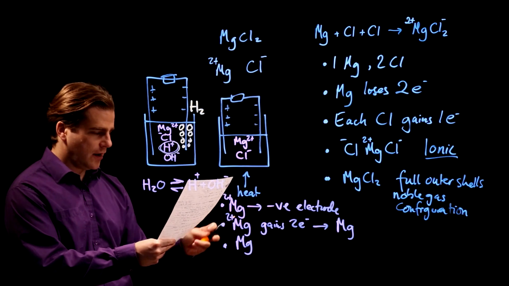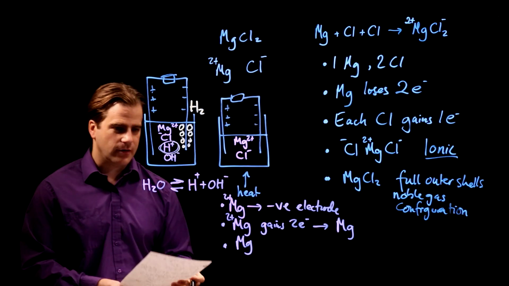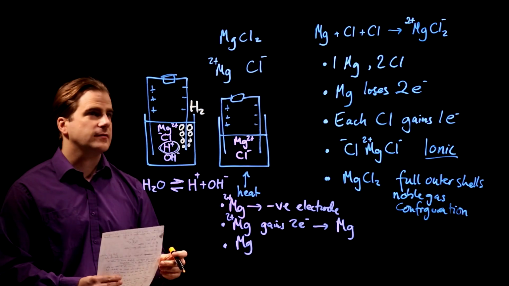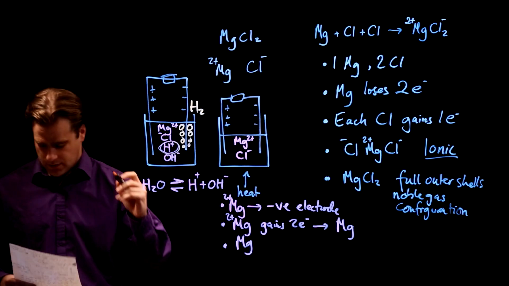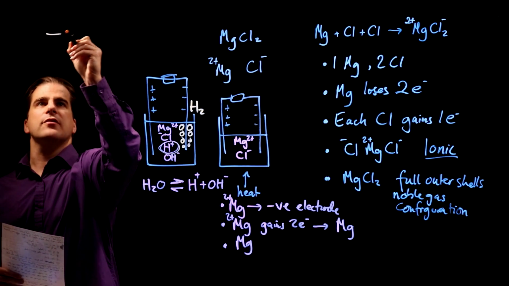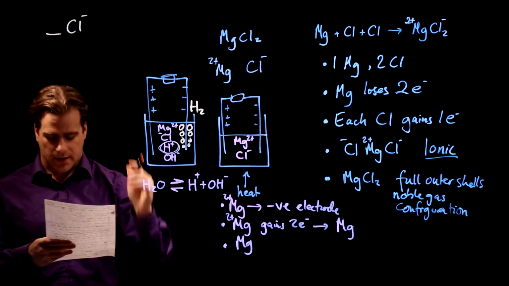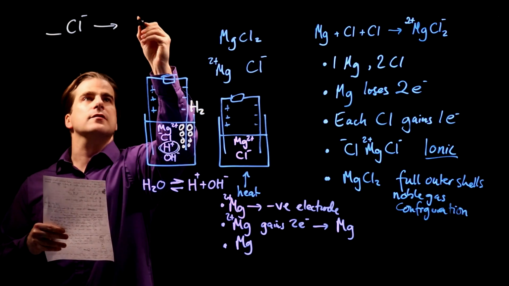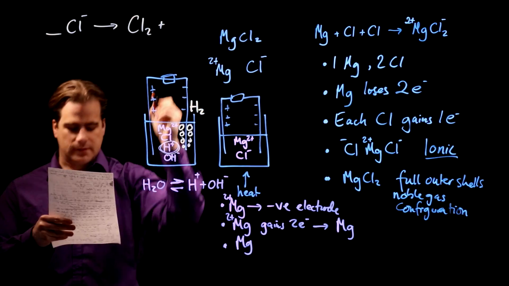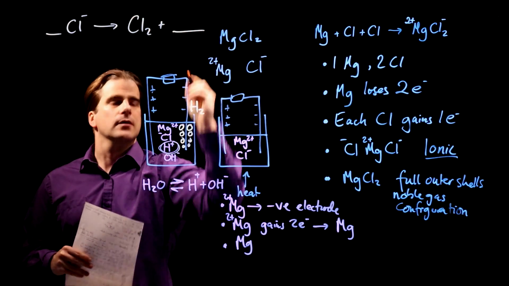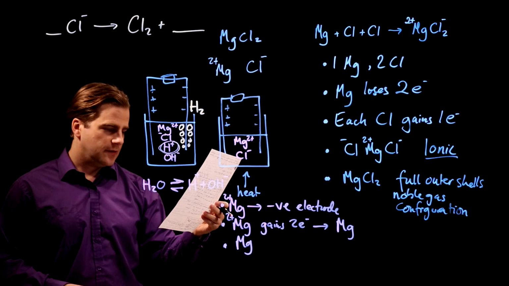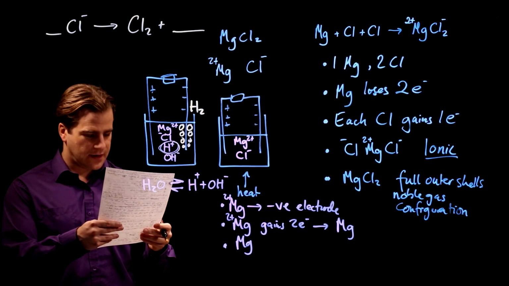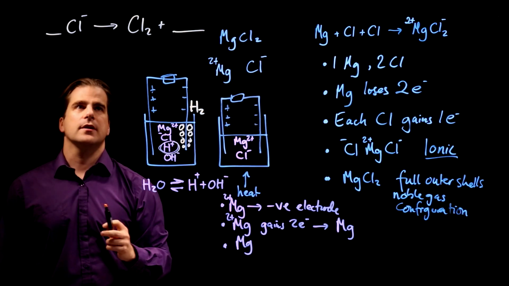Complete and balance the half equation at the negative electrode. Right, so let's do it up here. We have something, Cl minus, goes to Cl2 plus something. Okay, this is the half equation at the positive electrode.